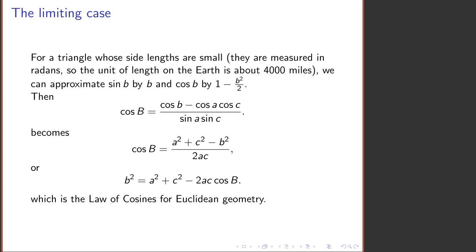So if I take the law of cosines in spherical geometry, replace cosine b by 1 minus b squared over 2, cosine A and cosine C by 1 minus a squared over 2 and 1 minus c squared over 2, throw out the term involving a squared c squared over 4 and move the 2 into the denominator, what do you know? I get back the law of cosines for Euclidean geometry. Euclidean geometry is the limiting case of both spherical geometry and hyperbolic geometry.